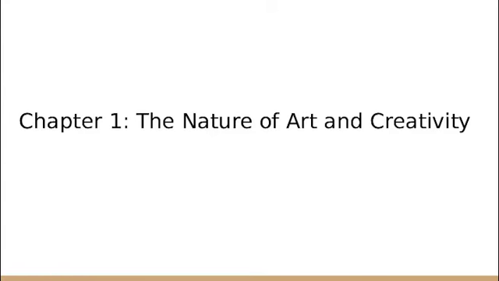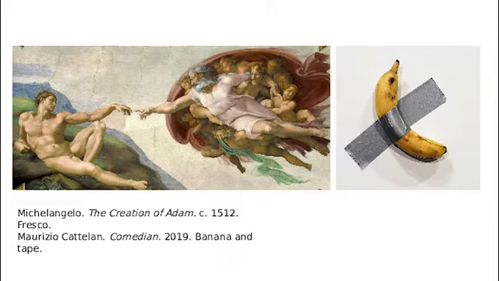I wanted to start off with this slide that has two very famous art pieces on it, and they are famous for very different reasons. On the left, you'll see the Creation of Adam, which is a part of the Sistine Chapel by Michelangelo. It is fresco, and it is very famous.